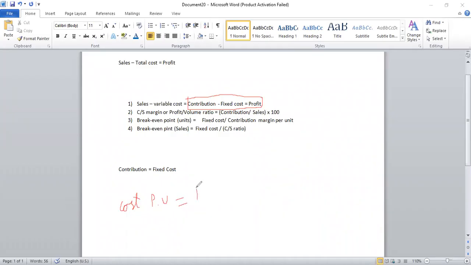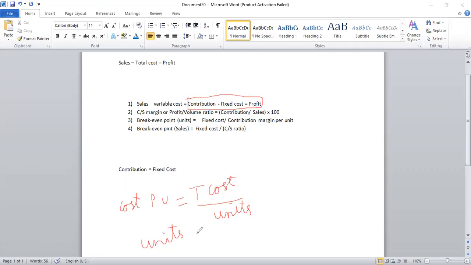Is that the equation we use? So what if we have to find out the number of units? The number of units goes to the other side and cost per unit comes to the denominator. So number of units is equal to total cost divided by cost per unit.